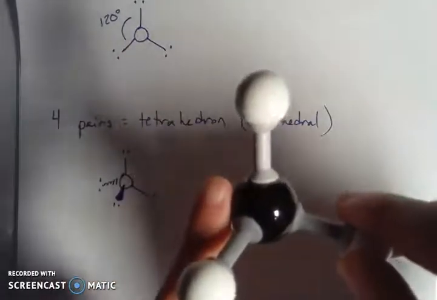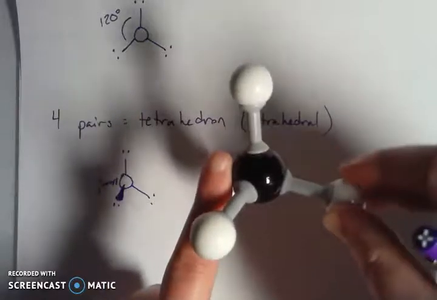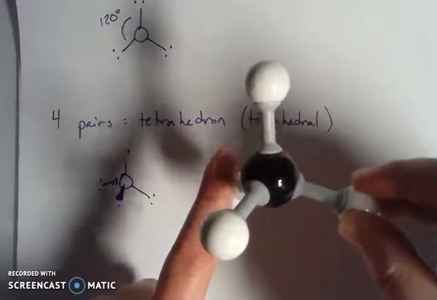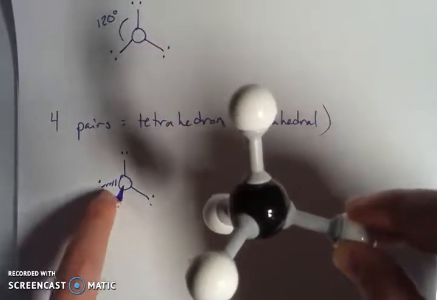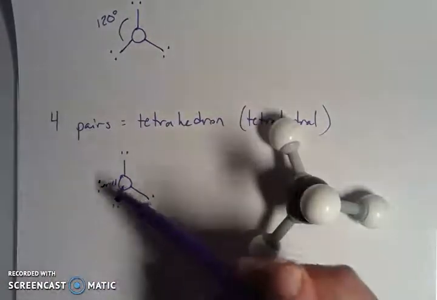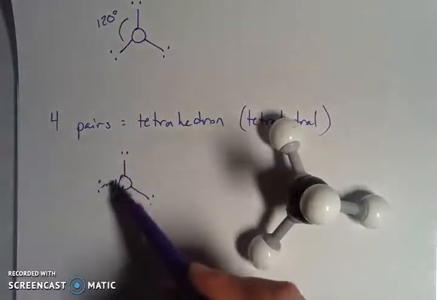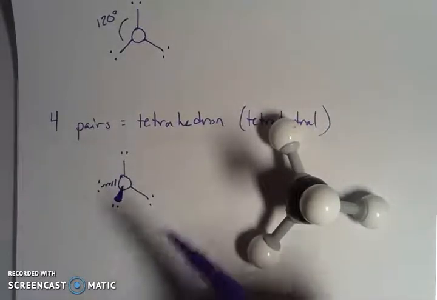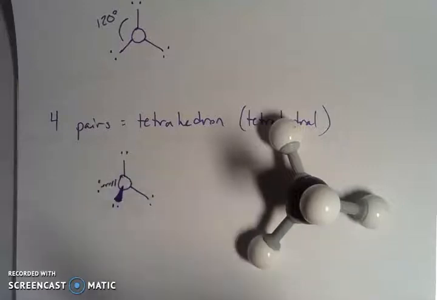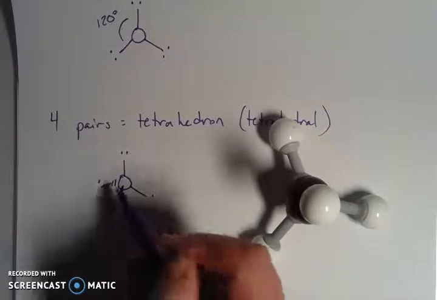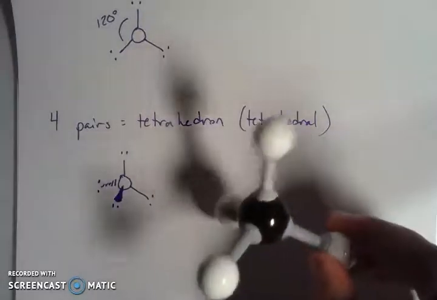This one that's going back into the plane is this hashed or shaded triangle, however you want to think about that. I think about it as a triangle made out of a bunch of lines, a hash mark triangle that gets smaller. So we go away, and that represents this guy.